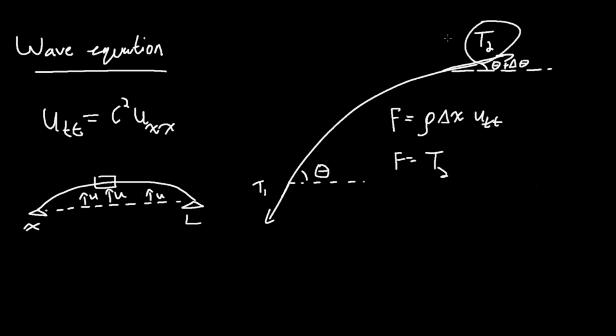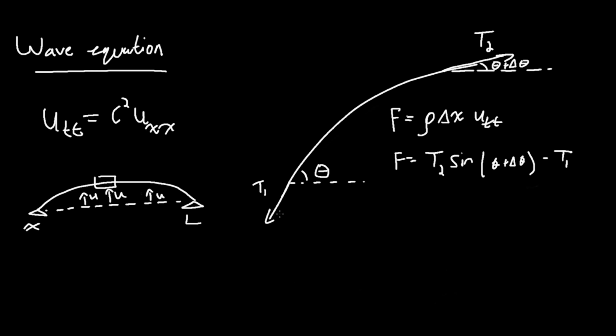T2, top tension, bottom tension. Yeah, T2 times sine. If I were to take the cosine, I get the bottom. Sine, I get the top. So sine of theta plus delta theta, minus T1. I'm sorry, guys, I'm tired. T1, and this is the sine component.